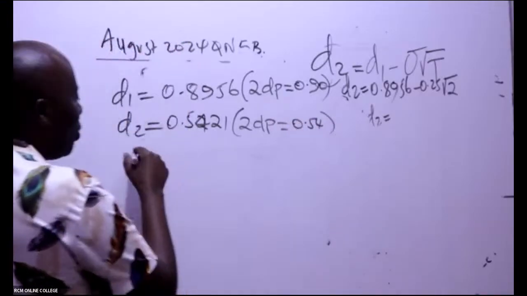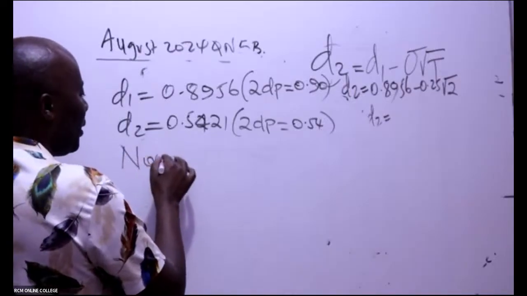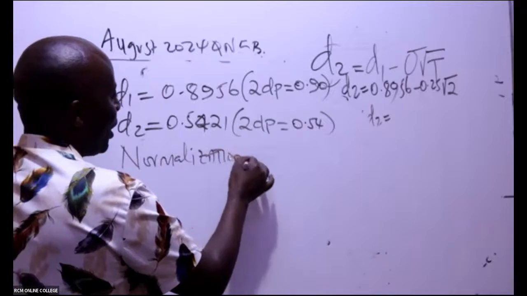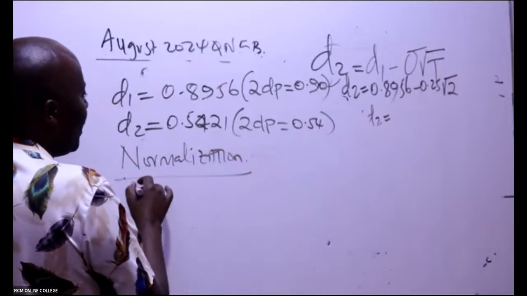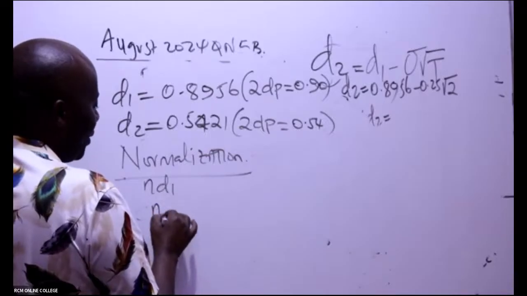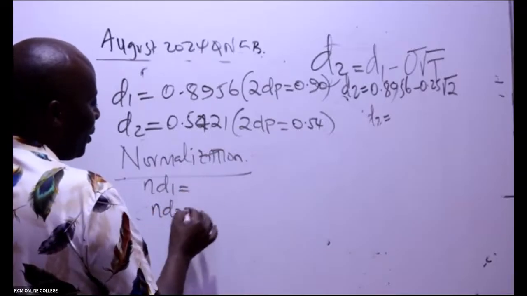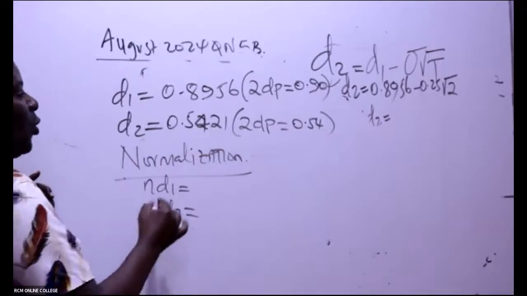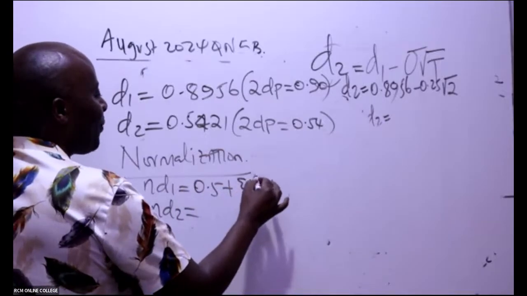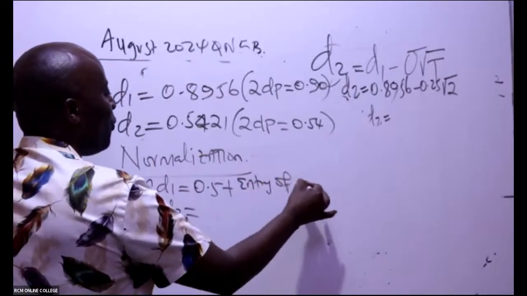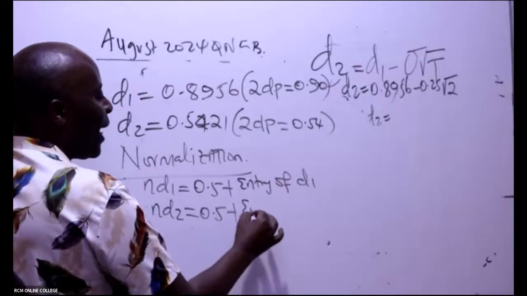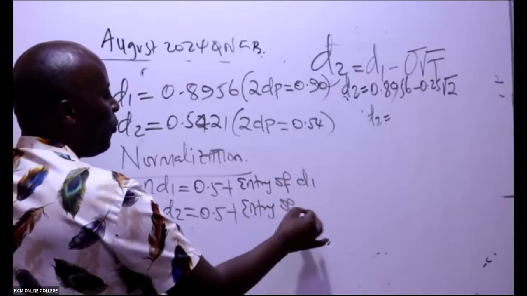From there we go to normalization. Normalization gives us what we call ND1 and ND2. ND1 will be 0.5 plus N3 of D1, and ND2 will be 0.5 plus N3 of D2.